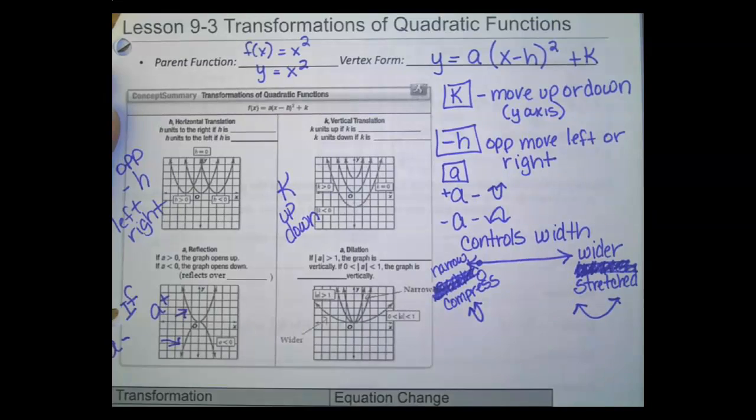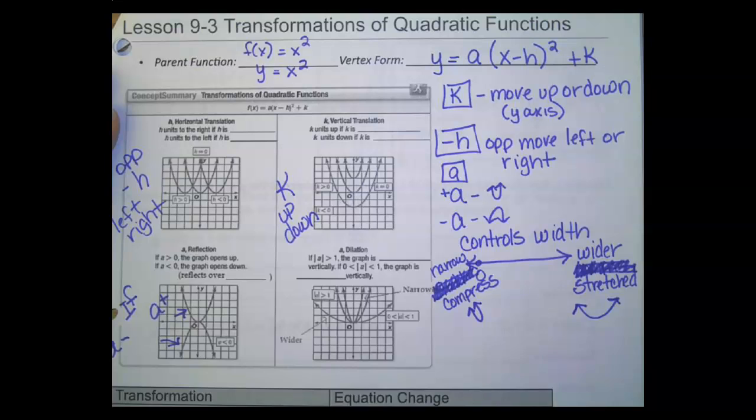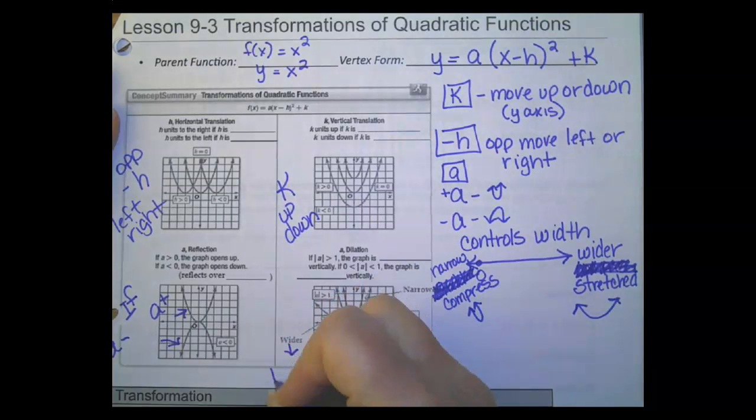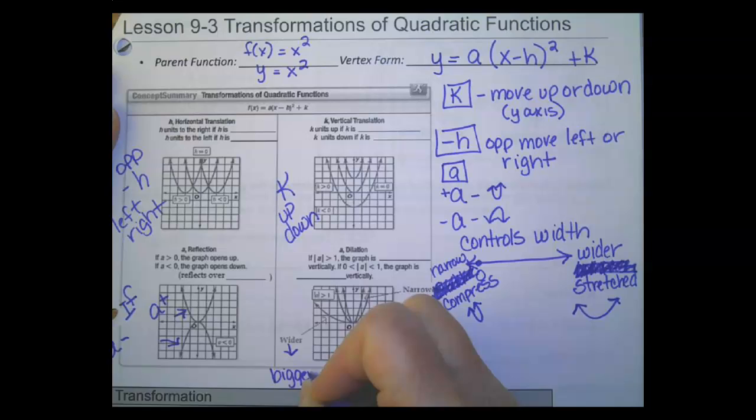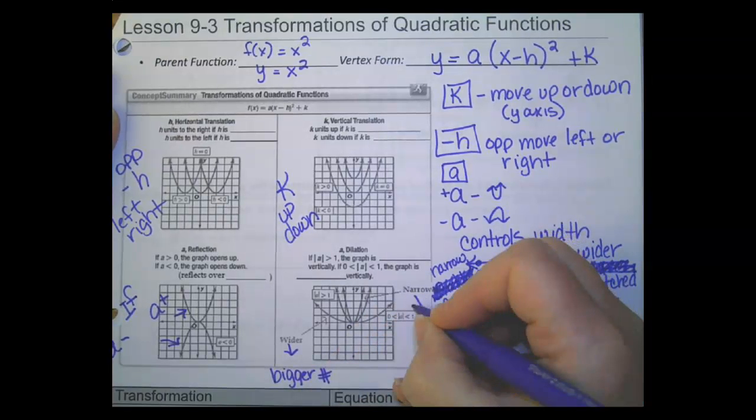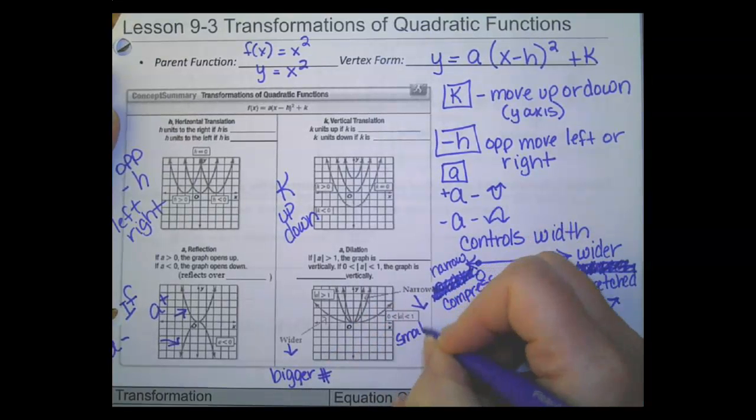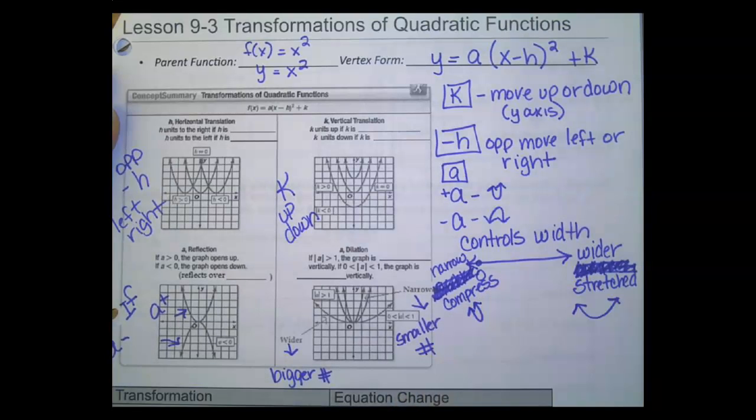Here's the stretched: the wider it is, the bigger the number. The narrower it is, the smaller the number. And down here talks about whether it's stretched vertically or compressed vertically. So narrow is compressed, wider is stretched.